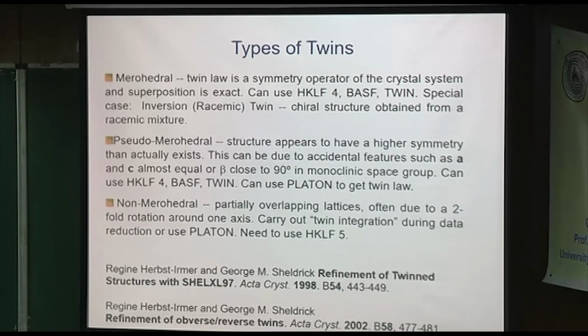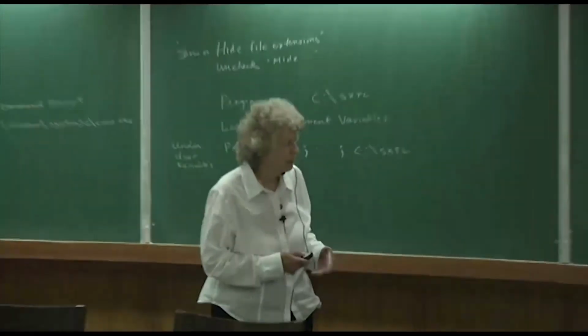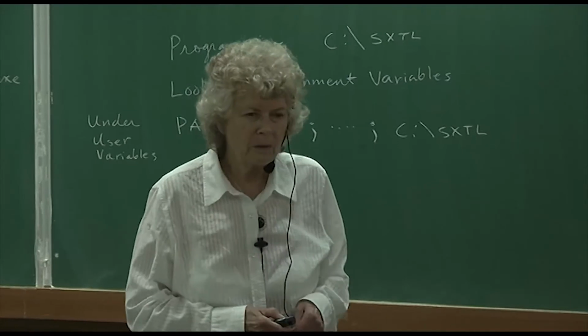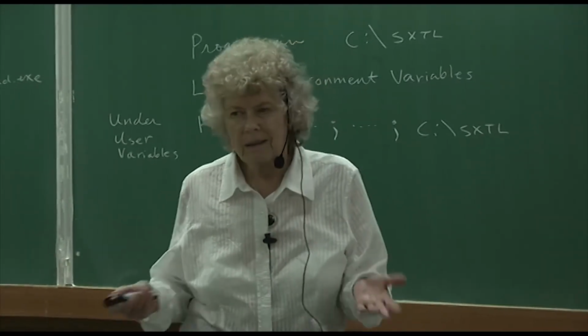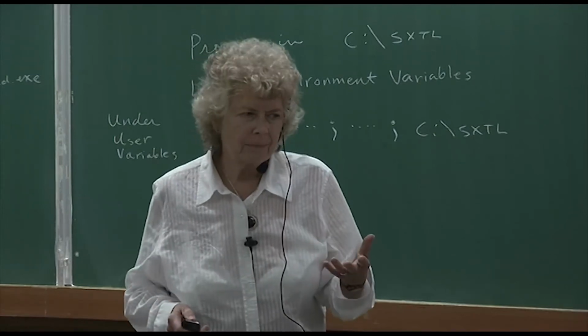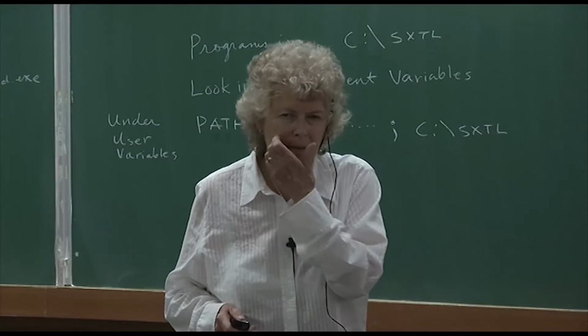So you have to consider that. If you're getting an angle that's not exactly 90 degrees, or not within, say, 0.5% of 90 degrees, you might be observing a twin in that case. But that actually can be refined well by introducing a twin law, which would just reflect the structure through B.